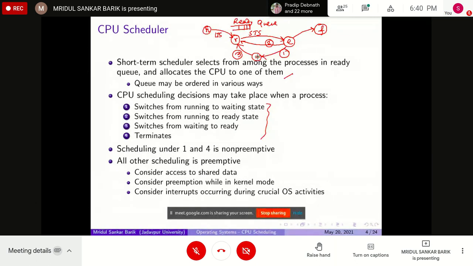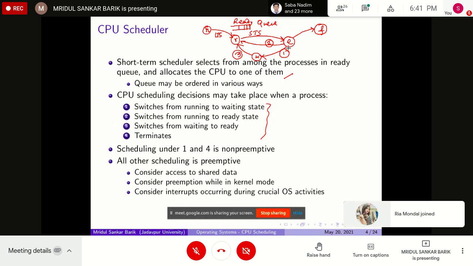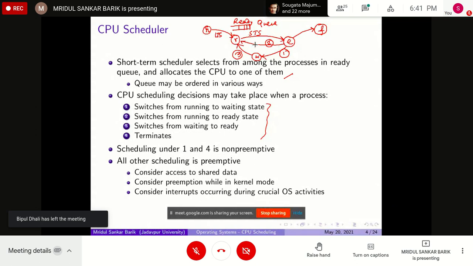So that process would be selected and given the CPU. Or it may show up that the process which finished waiting and became ready has the highest priority. If the scheduling is based on priority and the currently running process has lower priority, then the currently running process would be interrupted and the process which has just come to the ready state from waiting would be scheduled.